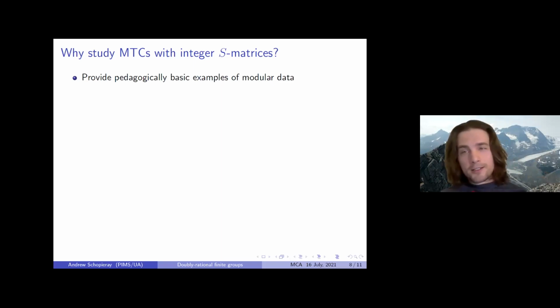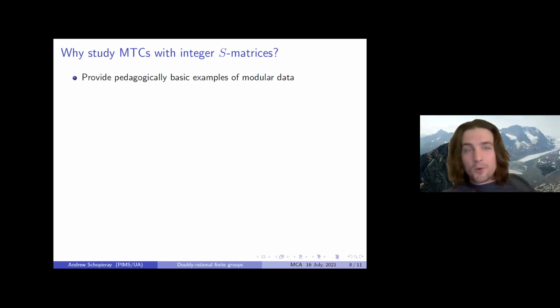So if you're trying to introduce someone to modular tensor categories or just give very basic examples of why formulas work, you don't want to be giving these incredibly numerically intensive examples from the get-go. So I think these are a very relaxing introduction to the world of modular data because everything is just whole numbers.